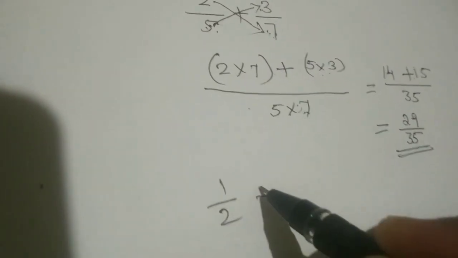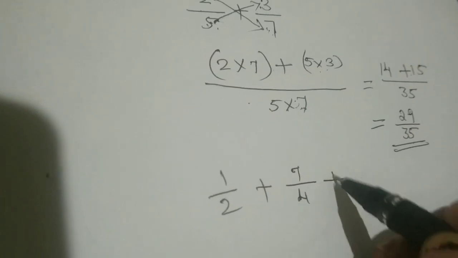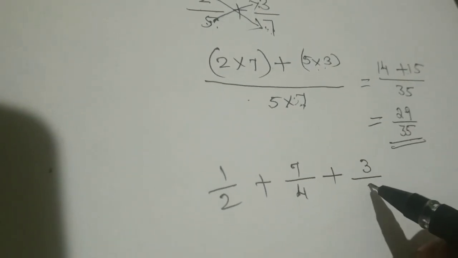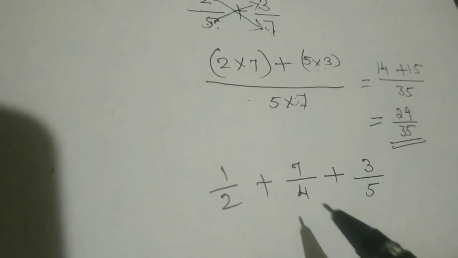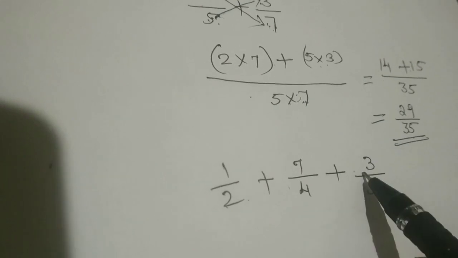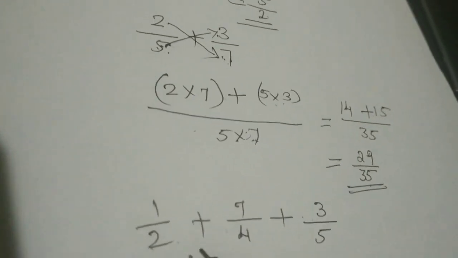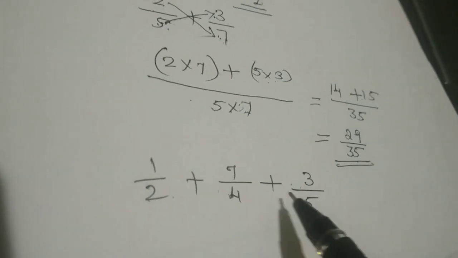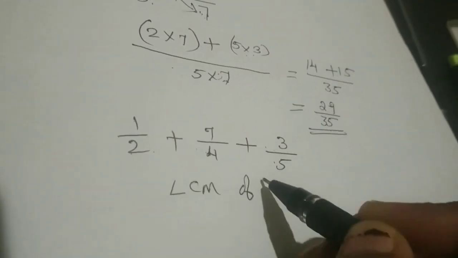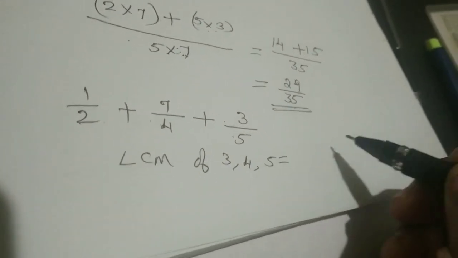Next, 1 upon 2, 7 upon 4 and 3 upon 5. Here is the addition of 3 fractions. Here we have to find the LCM of 2, 4 and 5.